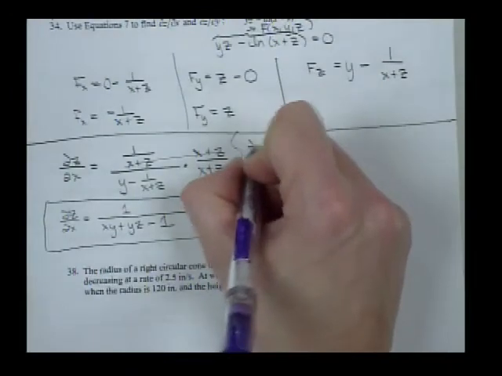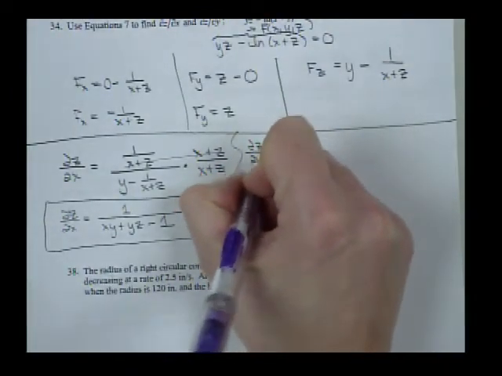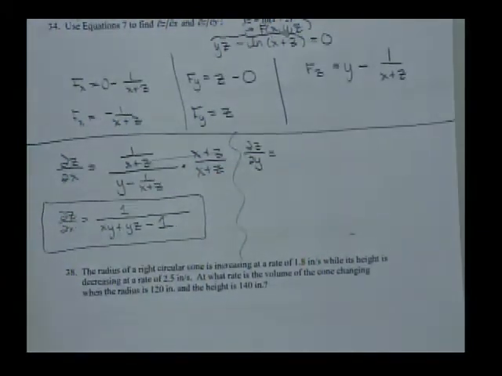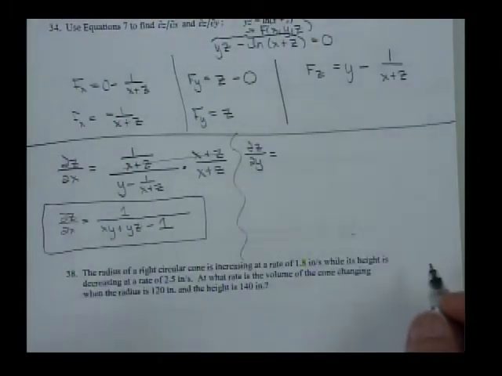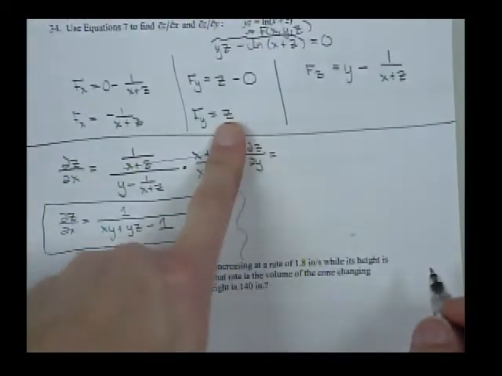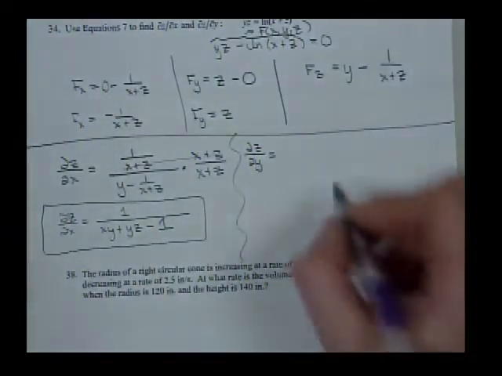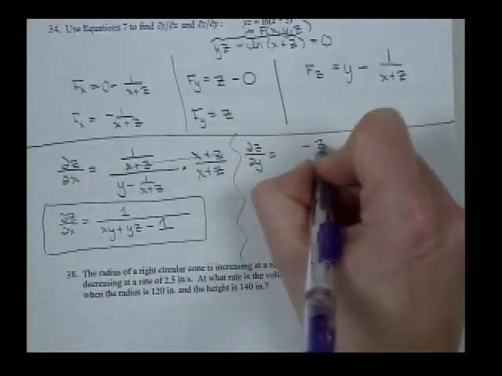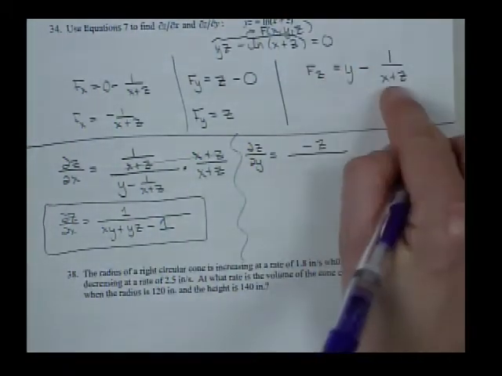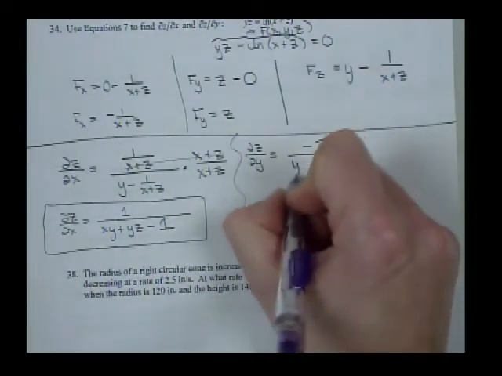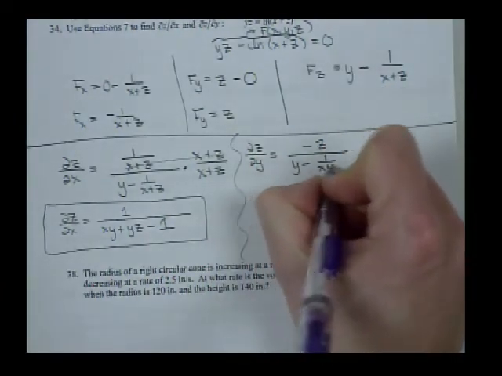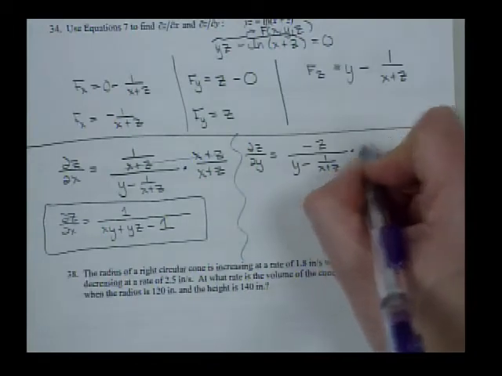And then the partial of z with respect to y. So it's negative f sub y, so negative z, over f sub z. So y minus 1 over x plus z. And again, I would get rid of the fraction within a fraction.